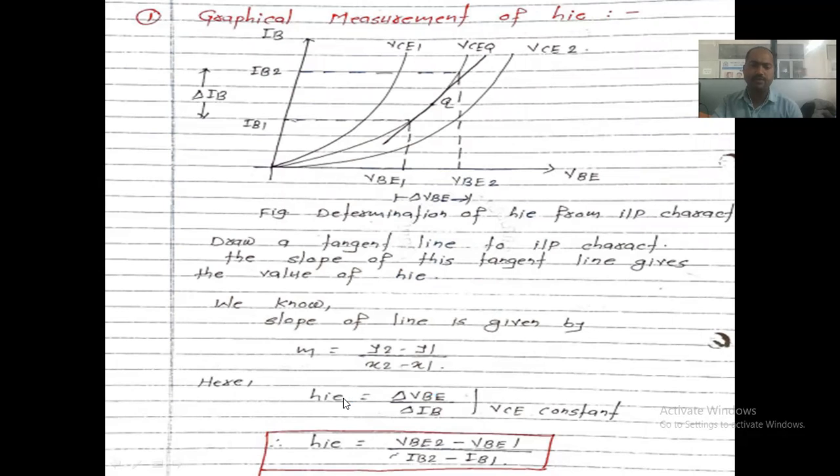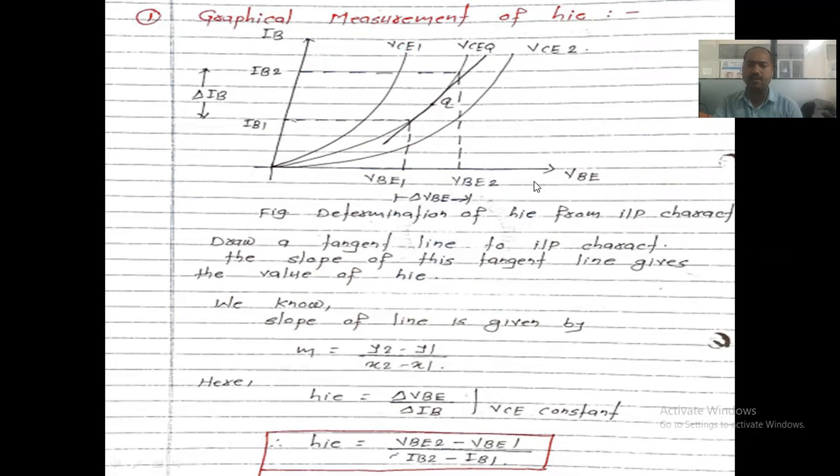So for the calculation of the hie value, we have to find out the change in base to emitter voltage to the change in base current, right? This is nothing but VB divided by IB. When we take the other parameters, I already told you, we take VC, VC1, VC2 as constant.